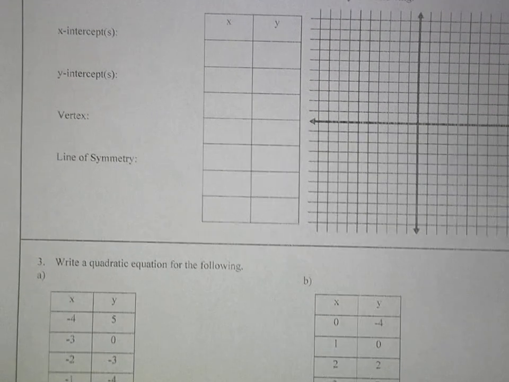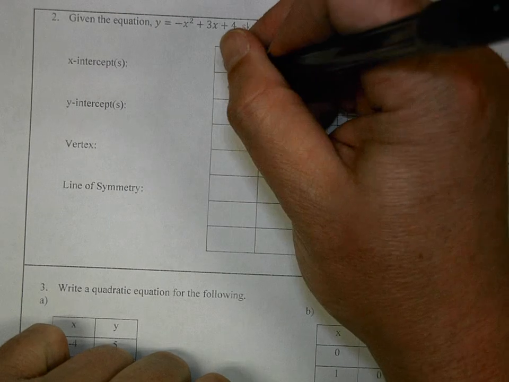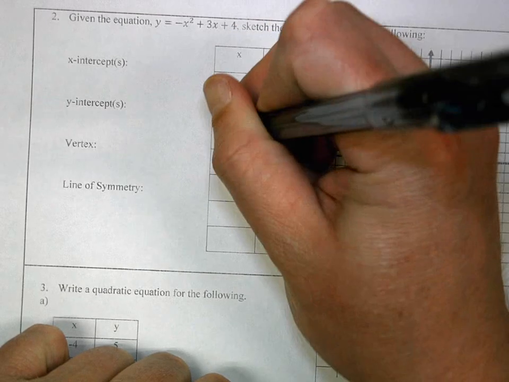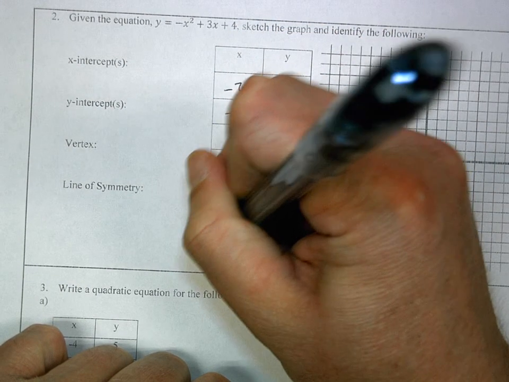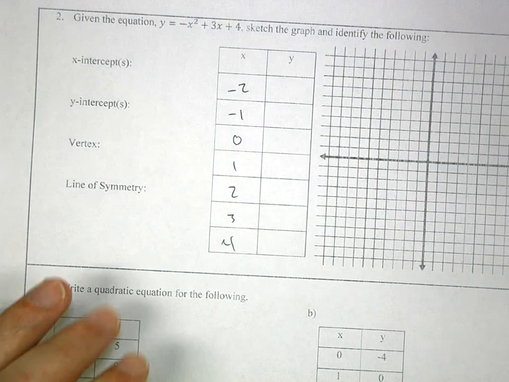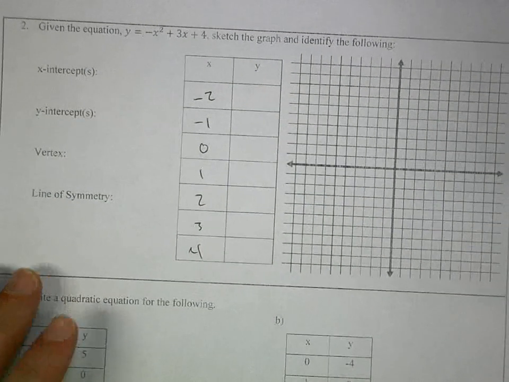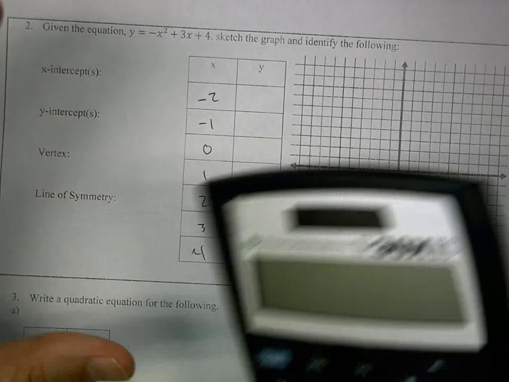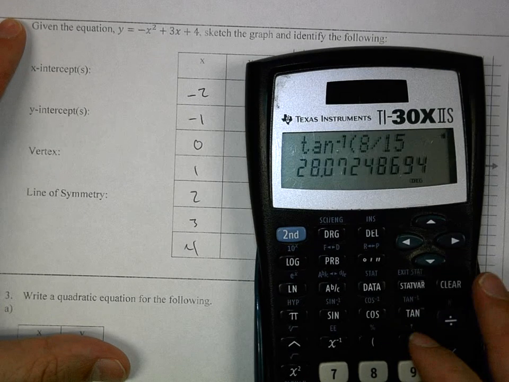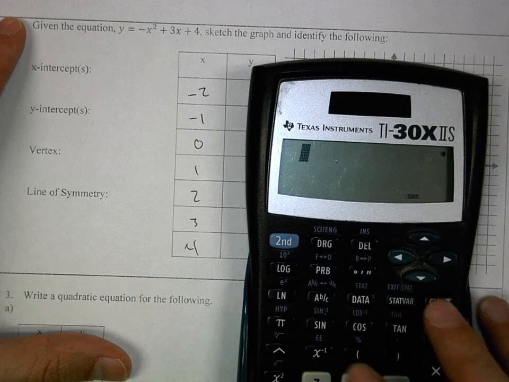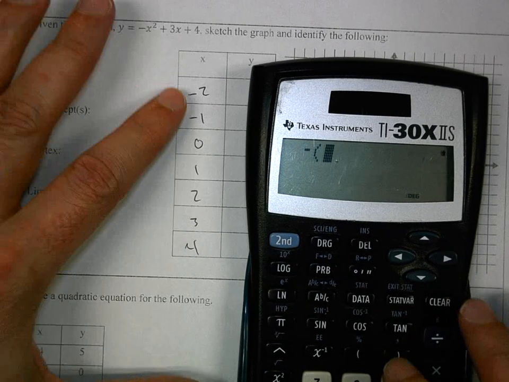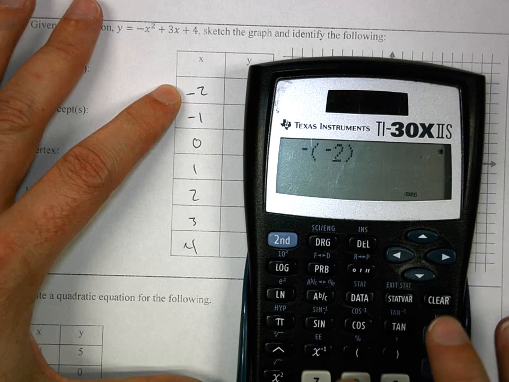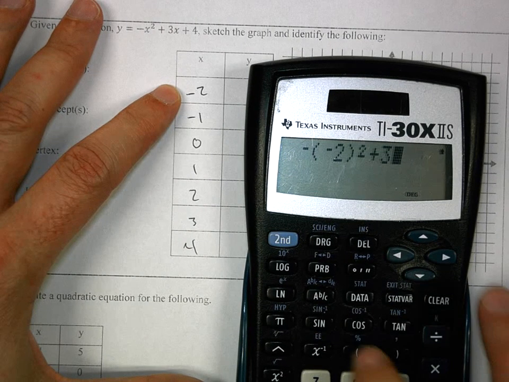Okay, to sketch the graph, they'll give you the numbers to plug in, but negative 2, negative 1, 0, 1, 2, 3, and 4 are kind of my go-to. So you're just going to plug each of these numbers into the function. So this would be negative parentheses negative 2 squared plus 3 times negative 2 plus 4.